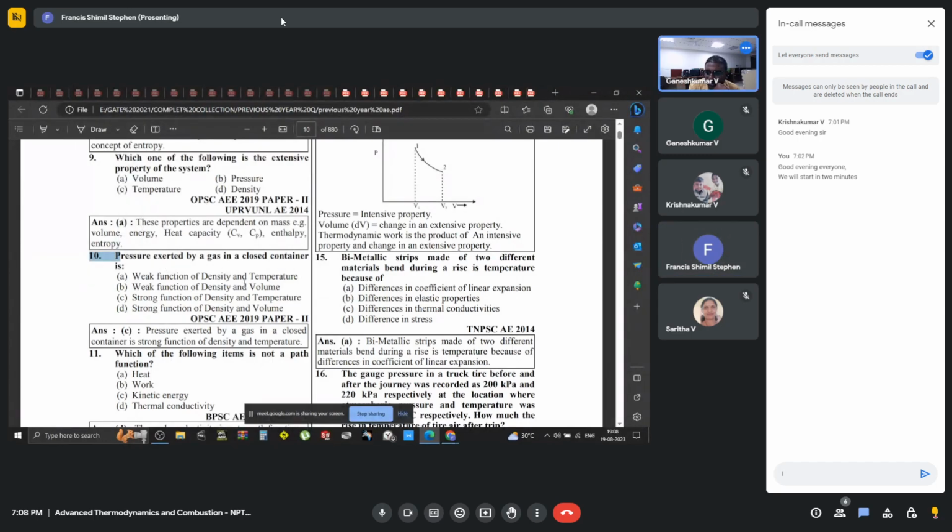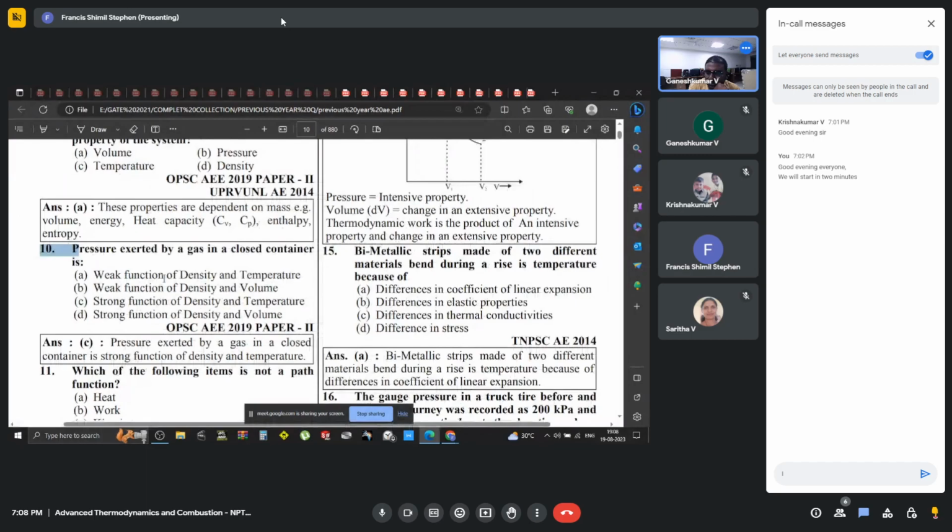Okay. So the weak function and strong function: if it is a weak function, it talks about dependence. Let's say for a small change in pressure, what is the change in density and temperature? Is it weak or strong? It is like looking at the slope, right?